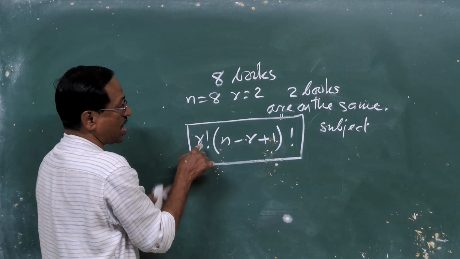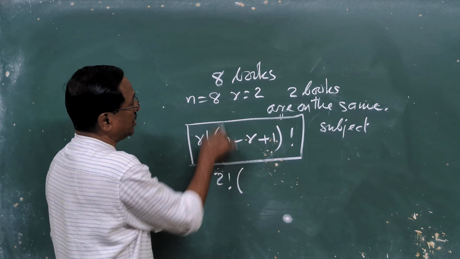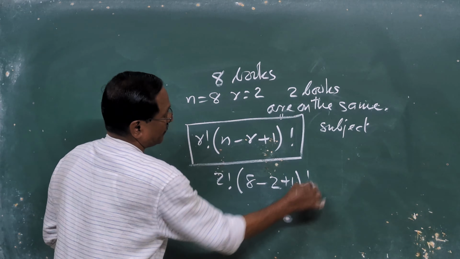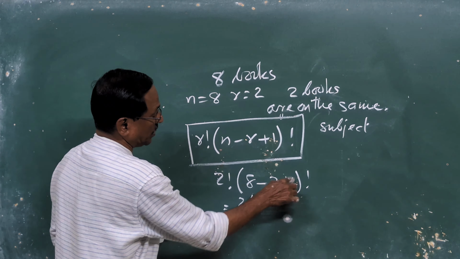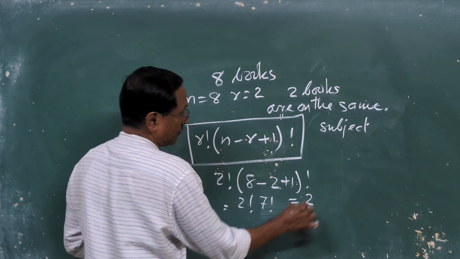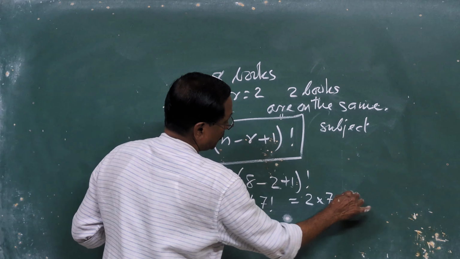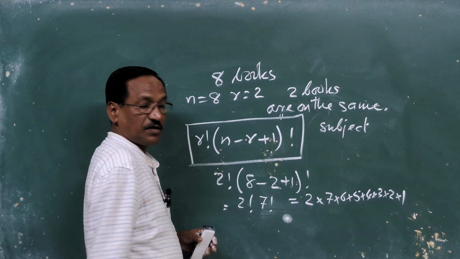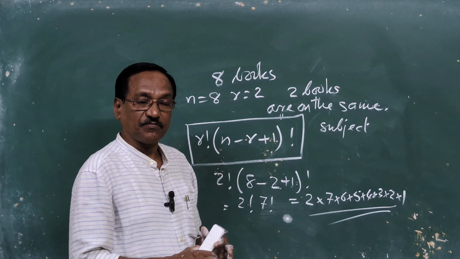So as per our formula, r factorial means 2 factorial, into n minus r plus 1 factorial, that means 8 minus 2 is 6, plus 1, 7 factorial. 2 factorial is 2 into 1, which is 2. 7 factorial means 7 into 6 into 5 into 4 into 3 into 2 into 1. Multiplying all these, you will get the number of arrangements in this case.